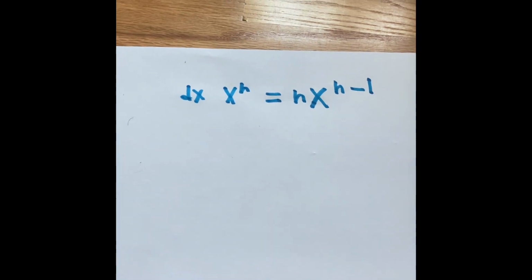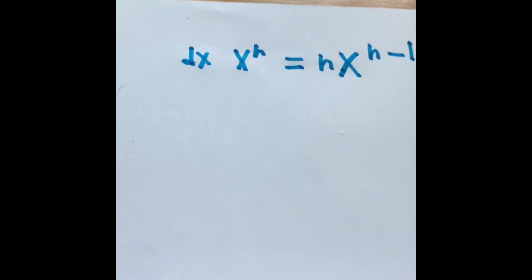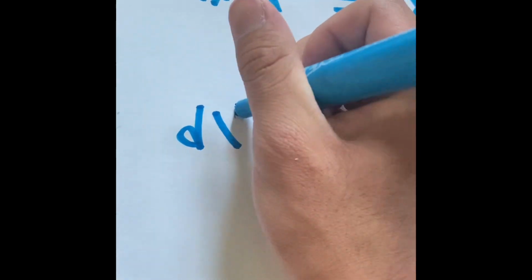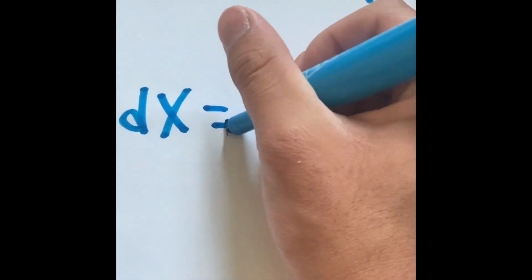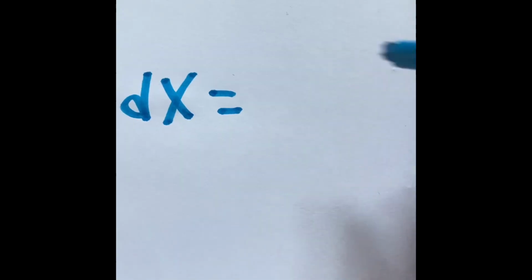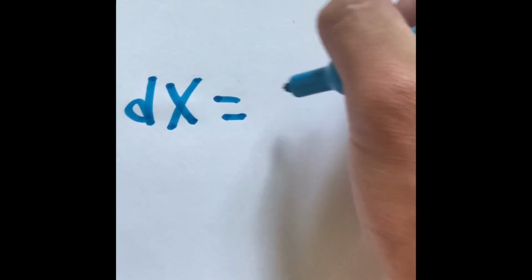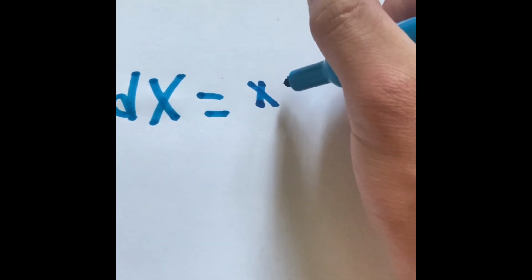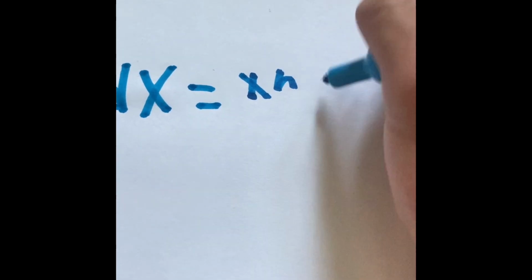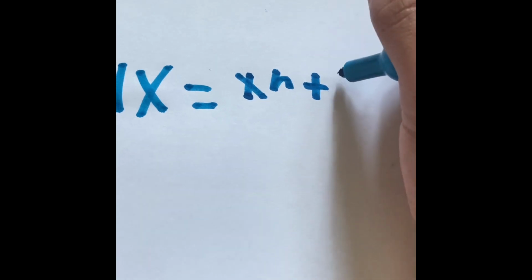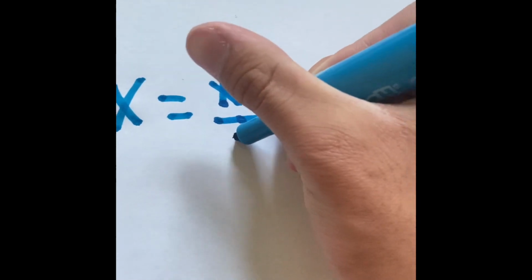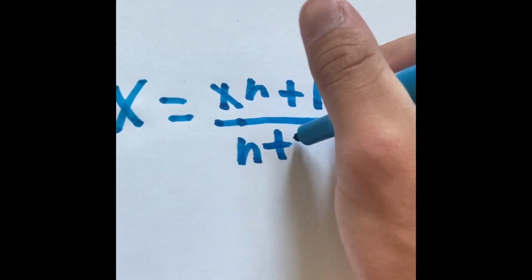When you find the antiderivative, you keep that x variable, but the exponent is leveled up by 1, and we divide by your exponent plus 1.